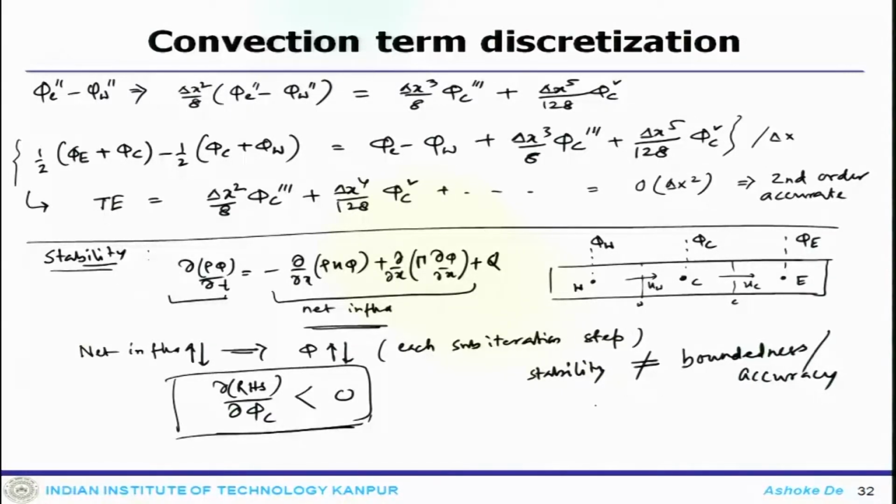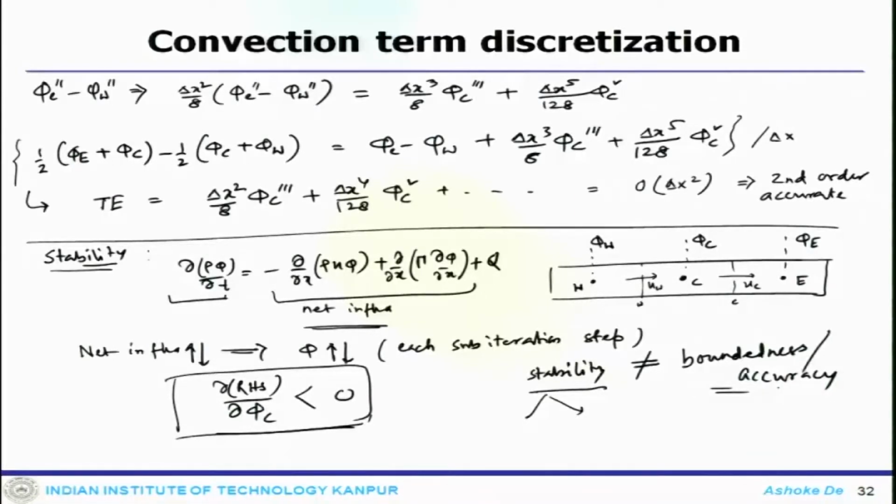It can also provide the solution with lower order of accuracy. So, stability here refers to controlling the numerical error to remain bounded, so that it does not increase infinitely and the numerical code does not diverge. So, this has nothing to do with boundedness or accuracy.